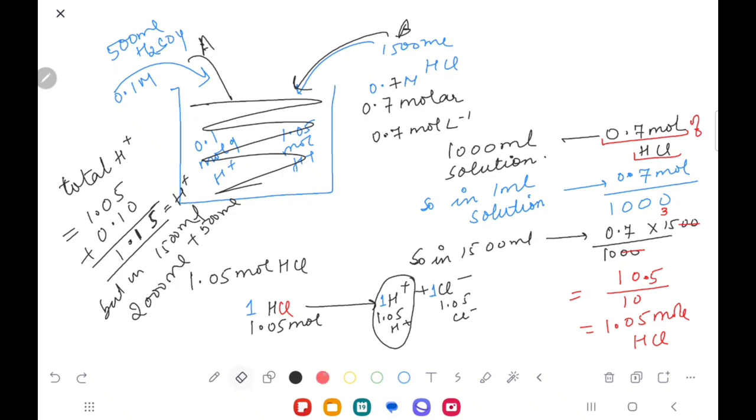That means in 2000 ml solution, I have 1.15 moles of H plus. Do you understand this point? Any doubts up till now?